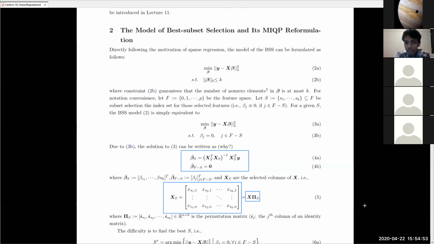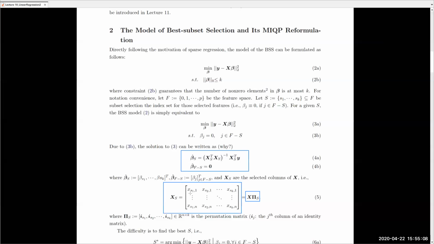These are the permutation matrices. So when you multiply a permutation matrix on the right-hand side, especially here, what I'm talking about is that I'm going to remove columns other than S1 to Sk. You know what I mean? So this actually gives you this matrix.